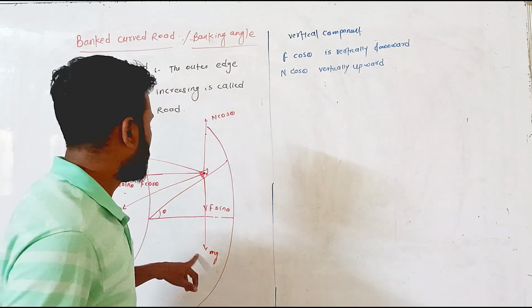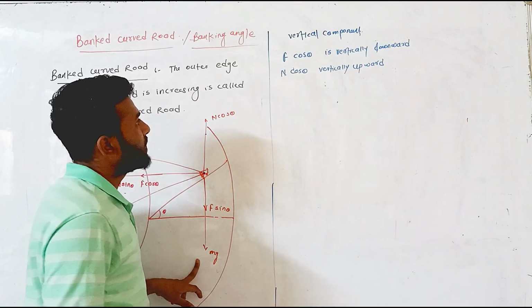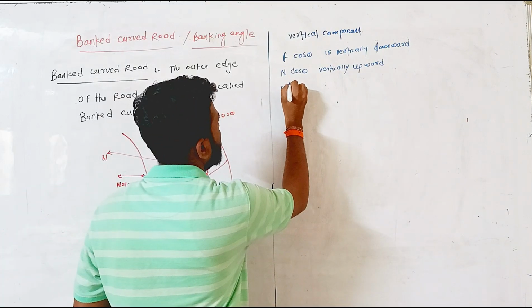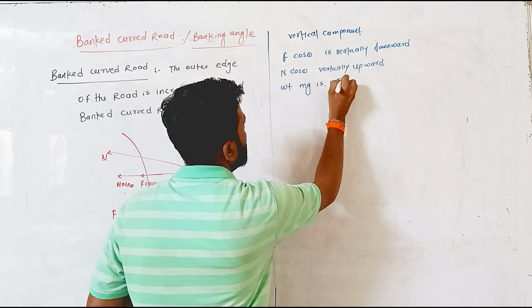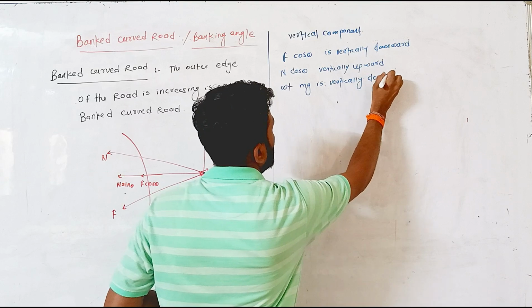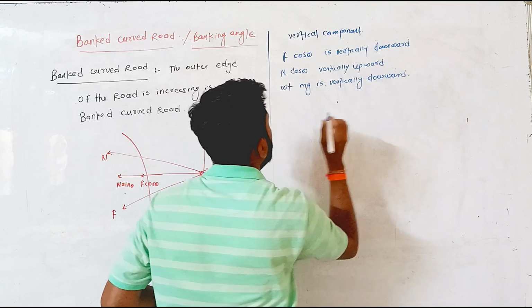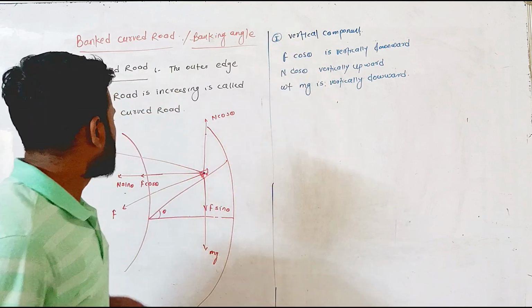And weight mg is also a vertical component, also downward. This is the first step.